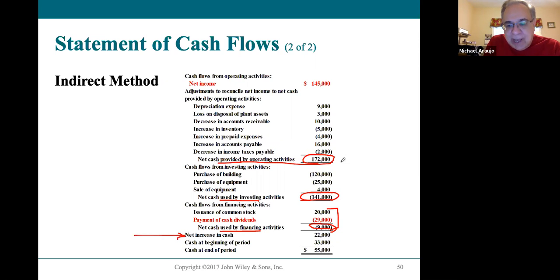In this case, this is a bigger number than these two combined. And so we have a net increase in cash, $172,000 from operating activities, minus 141, minus 9 gives you $22,000 difference. This $22,000 is an increase in cash. You started the period with $33,000 in cash. You just increased it by $22,000. So now your cash is $55,000.